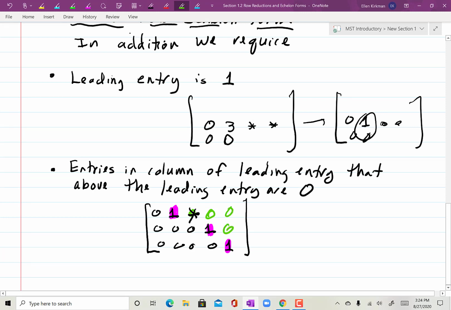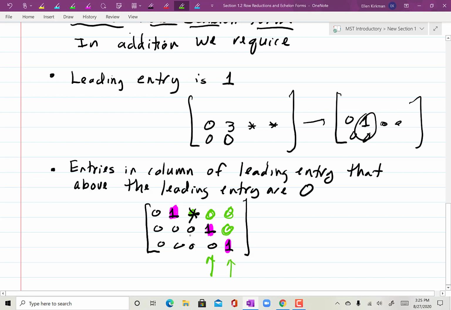Okay, to clarify, this entry did not have to be 0 because there's no leading entry in that column. This is a column with a leading entry. If there were anything above it, it would have to be 0. This is a column with a leading entry. We made the leading entry 1, and now we're forcing the entry above it to be 0. This is a column with a leading entry. We made it 1, so everything above it has to be 0.